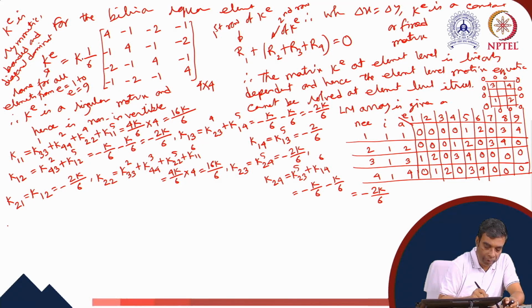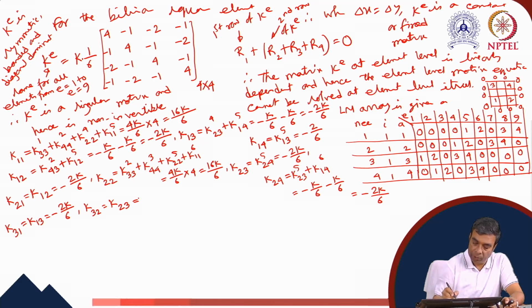Next we go to the third row. K31 equals K13. Now our K13 was minus 2K by 6. So this is minus 2K by 6. K32 equals K23 by symmetry. K23 is also minus 2K by 6.